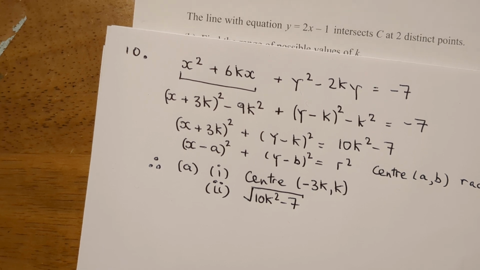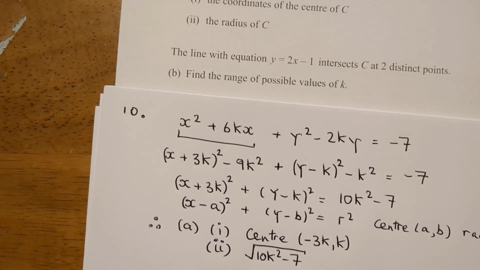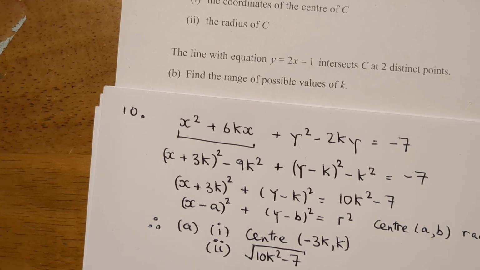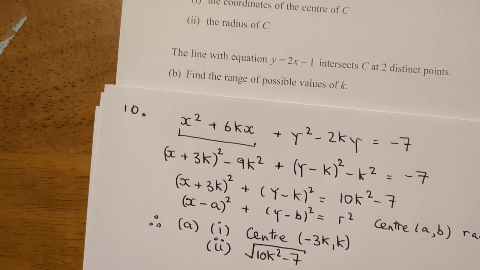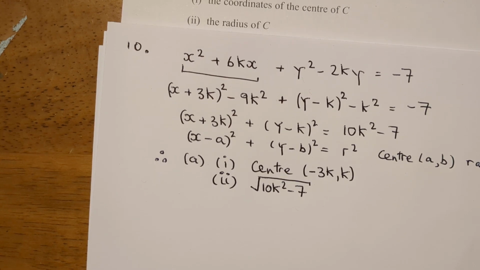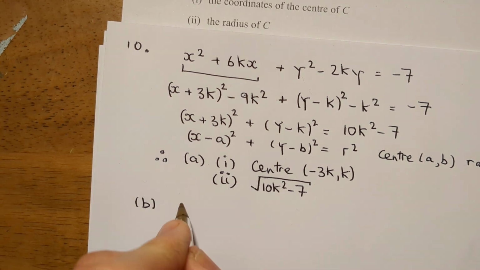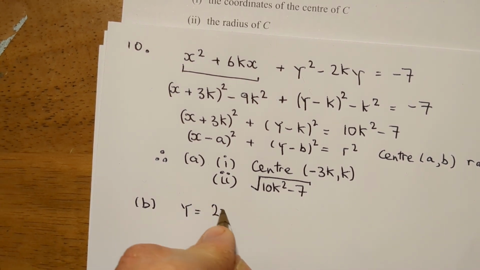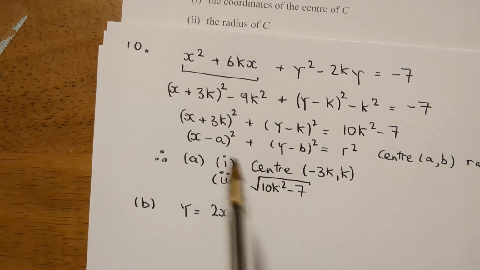It goes on to say the line with equation y equals 2x minus 1 intersects C at 2 distinct points. Find the range of possible values of k. Right, well, we've got the line. This is part B. We've got y equals 2x minus 1, and we've got the circle, the equation at the top.